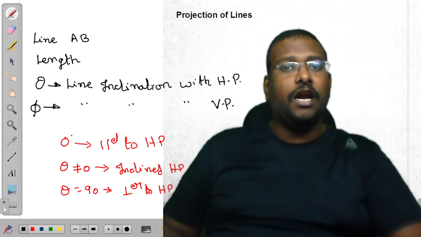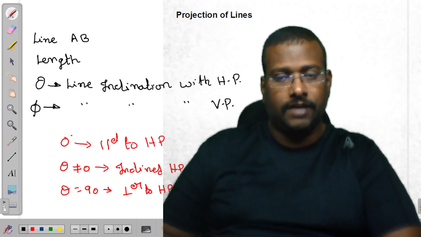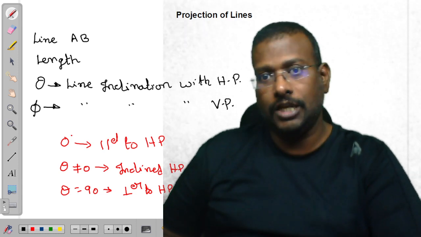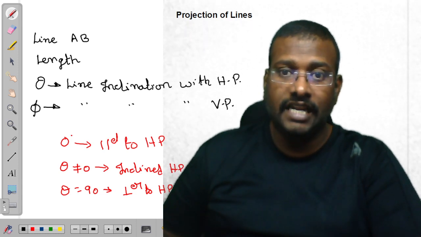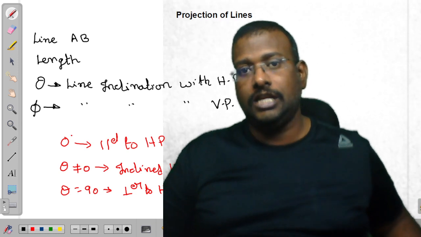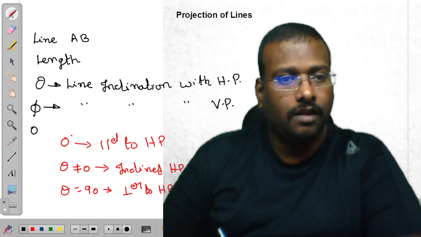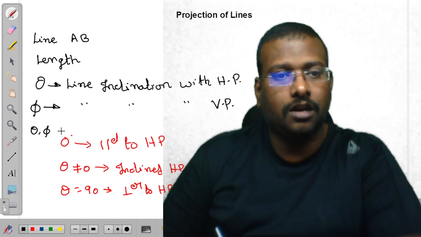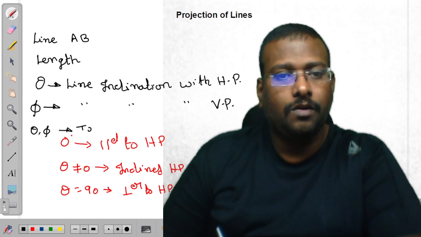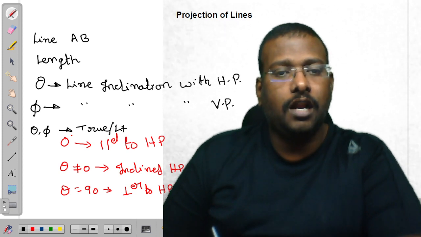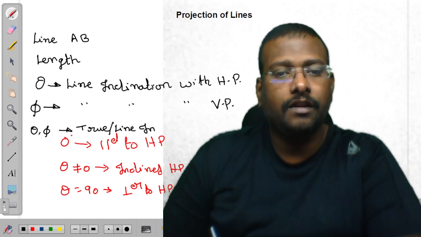Theta, comma, phi are called line inclinations or true inclinations. This is important, my dear friends.